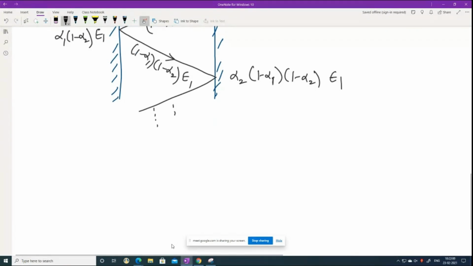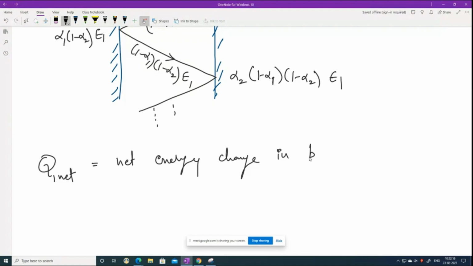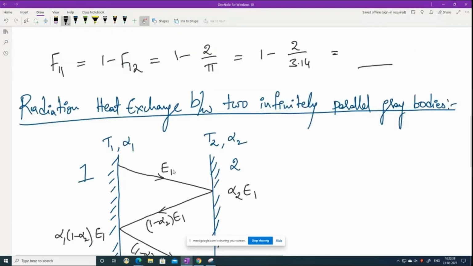So to get a mathematical form to this one, I will write this as Q1 net, meaning it is a net energy change in body 1. That will be equal to E1 minus, what should I write here? See, E1 is what is coming out.